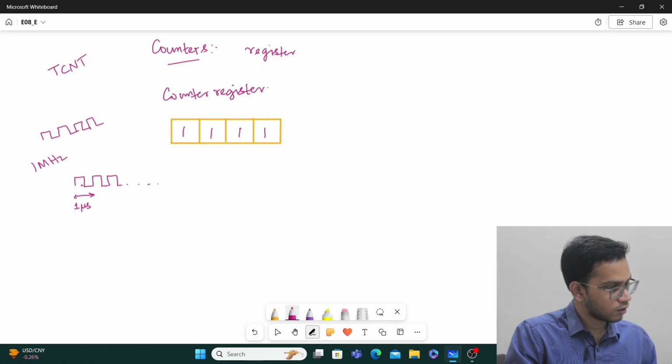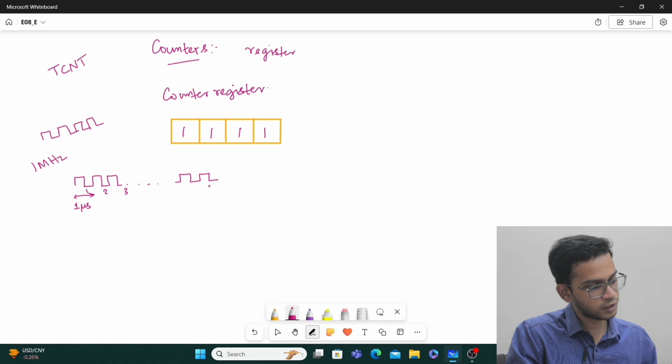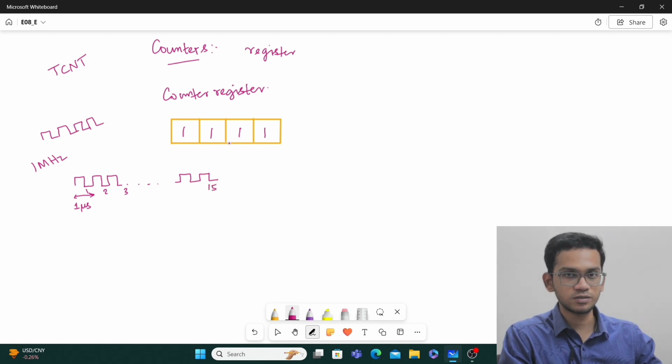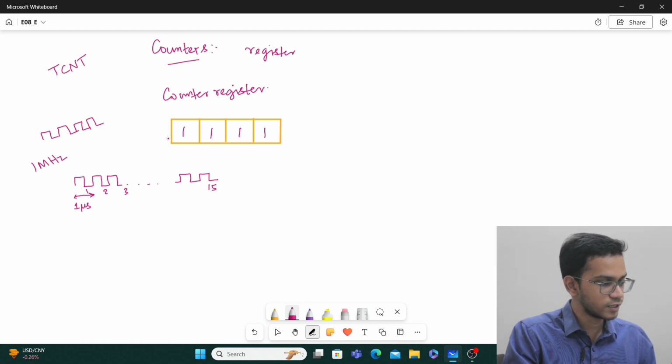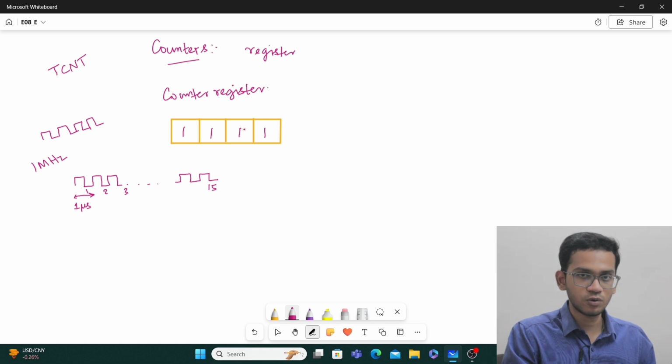So for the first clock pulse, it's coming here, second clock pulse here, third clock pulse here, and so on up to 14. And when the 15th clock pulse is complete, you will get a number like this. Basically, it has counted up to 15 because the decimal equivalent of 4 ones is 15.